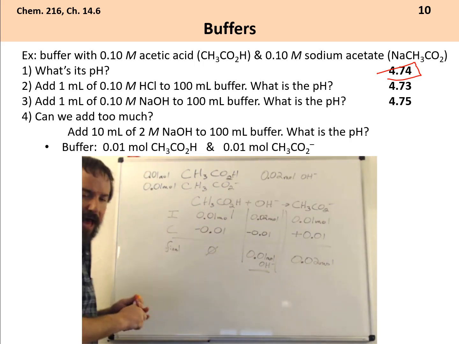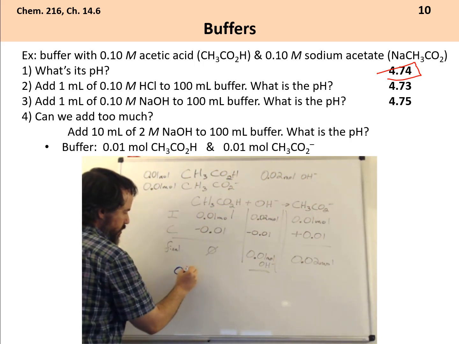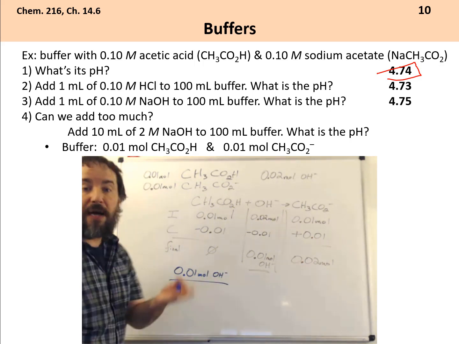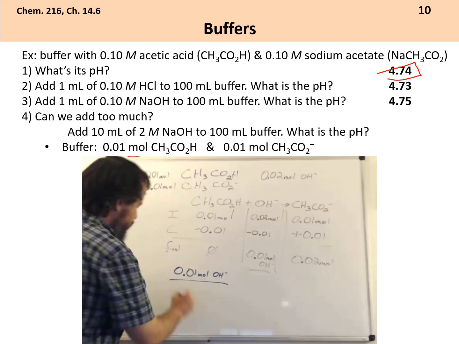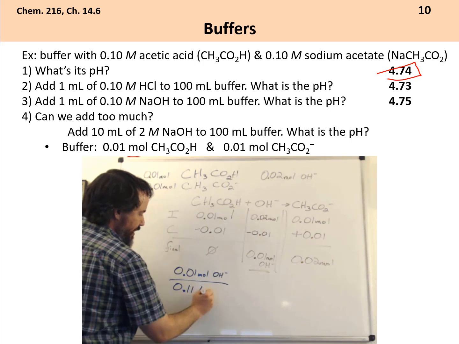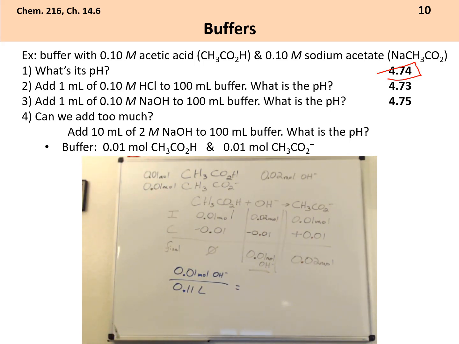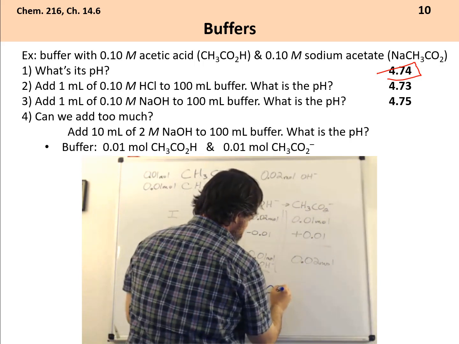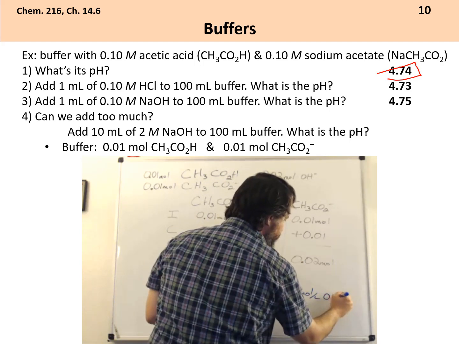So I could figure out that I have 0.01 mole OH minus. My new volume is 100 mLs, and then I added in 10 mLs, so that's 0.11 liters. That's 0.0909 mole per liter OH minus.